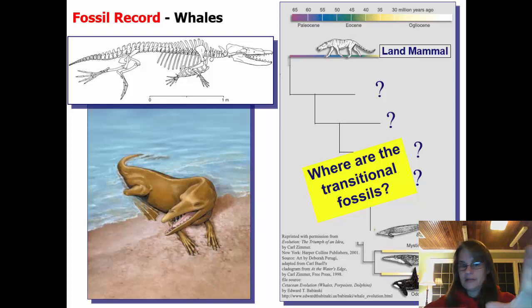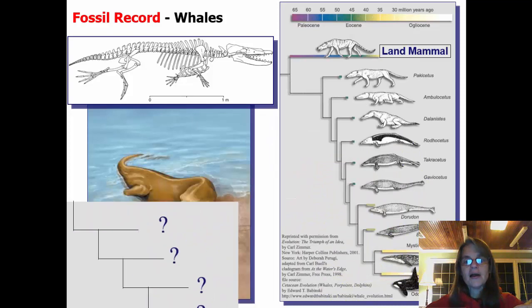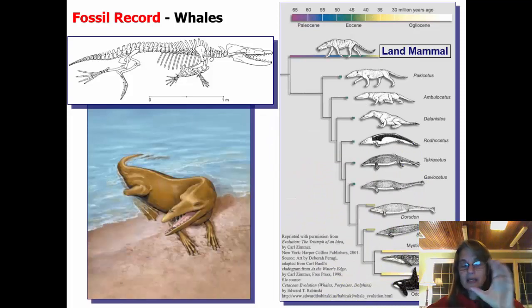What do we find, okay? What we find is an incredibly clear step-by-step fossil transition from a large dog-sized land mammal to an organism that became increasingly more adapted to water.